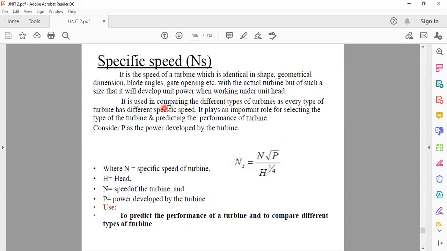It is used in comparing different types of turbine, as every type of turbine has a different specific speed. It plays an important role in selecting the type of turbine and predicting the performance of the turbine.